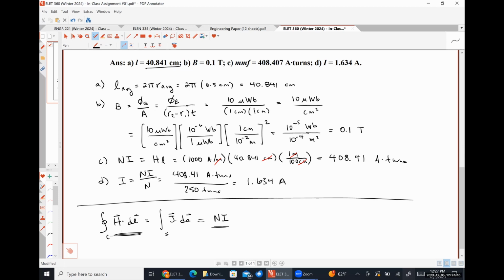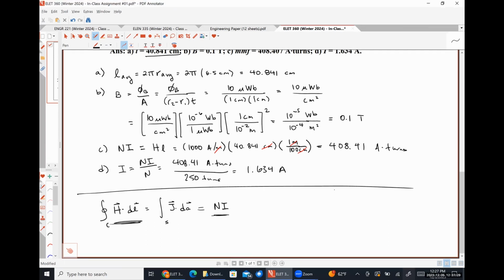So our magnetic field intensity, our H field, is circulating around inside of our toroid, and our contour is also circulating around inside of our contour. So this H dot dl literally just looks like H times L. So this is equal to this, and it's dependent upon the geometry of the system. So generically, for this toroidal coil, this will always be true.